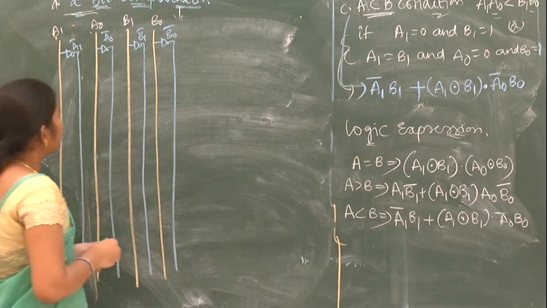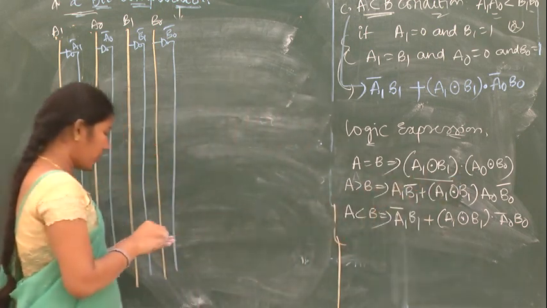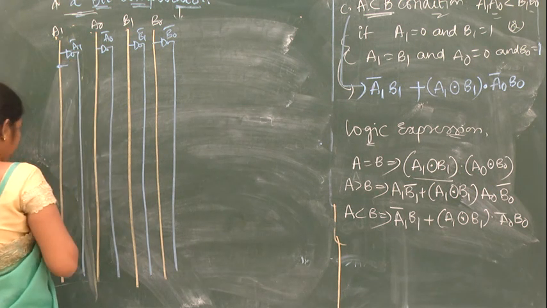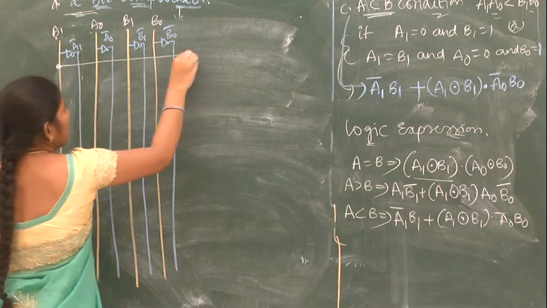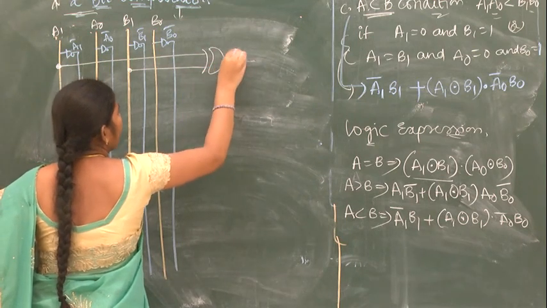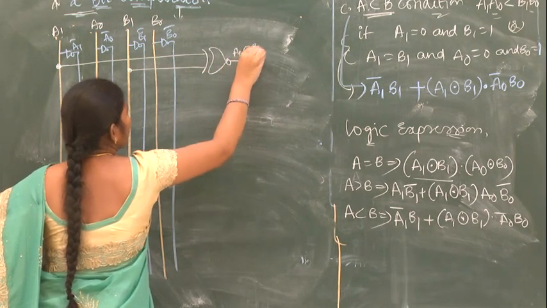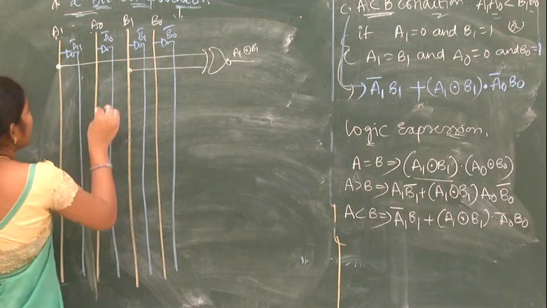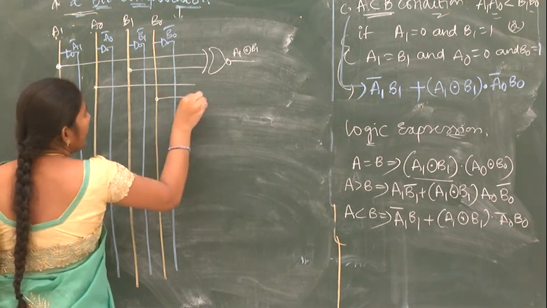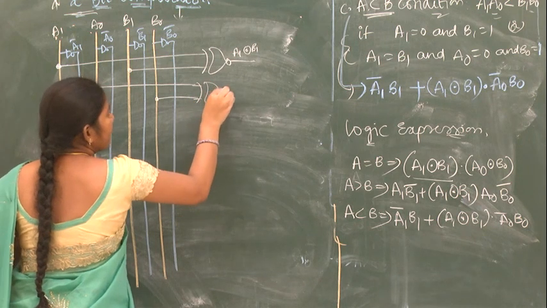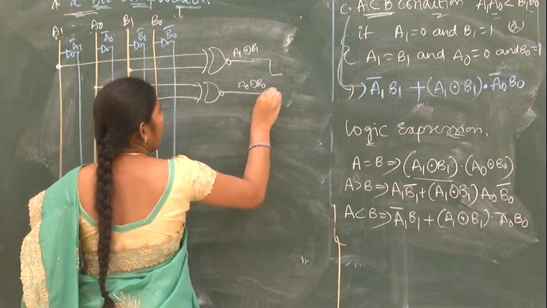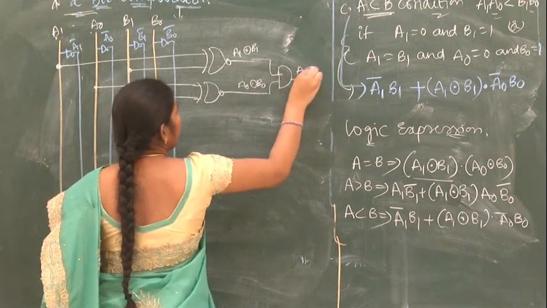Right? Now, the first function is what? A1 exclusive NOR with B1. So take the A1 input and B1 exclusive NOR, and A0 exclusive NOR with B0. Both are ANDed together to get A equal to B.